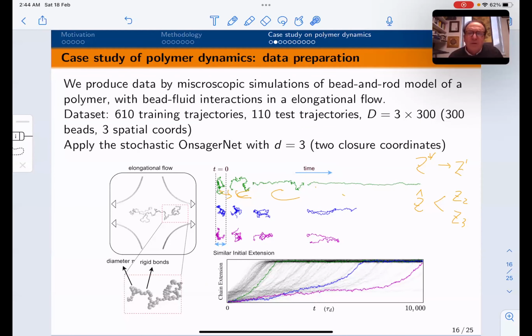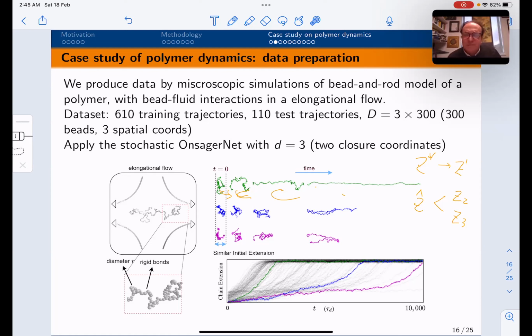In what way do you use the training data, or is it just like we do in PINNs, and then you interpolate these other trajectories together with the equation?